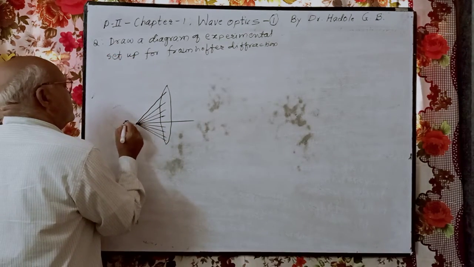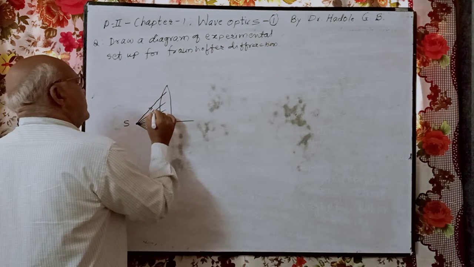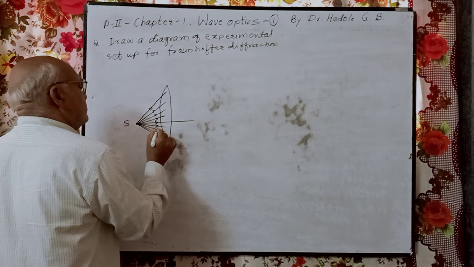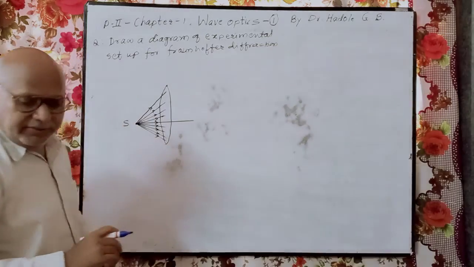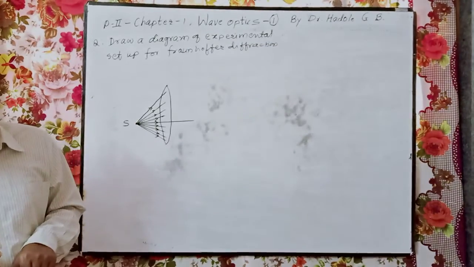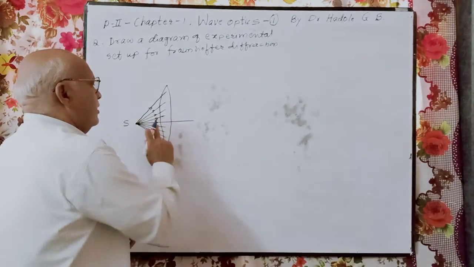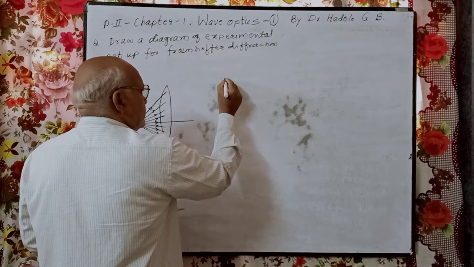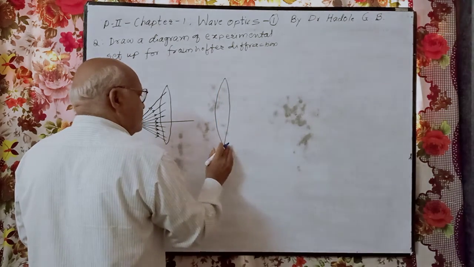This is the source of monochromatic light. The light rays are traveling in this direction. They are falling on the lens. When they fall on this lens, they produce the plane wavefront. This is the secondary lens.